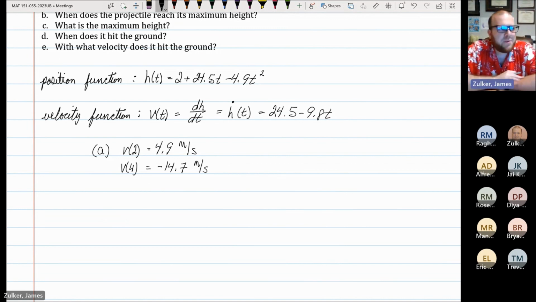Which would give us negative 14.7 meters per second. So what does that negative tell us?